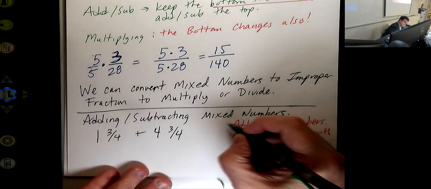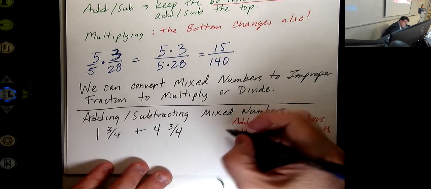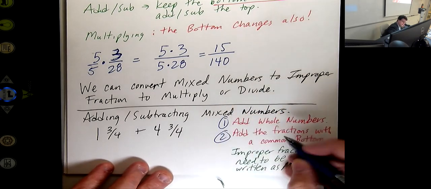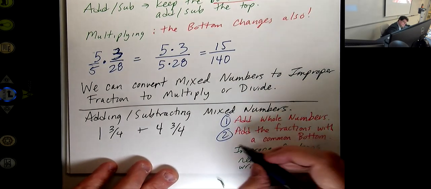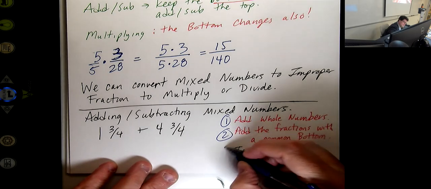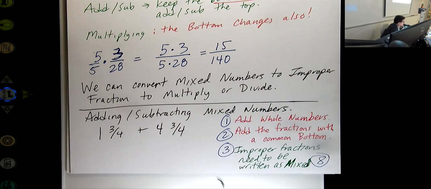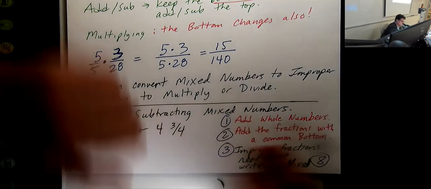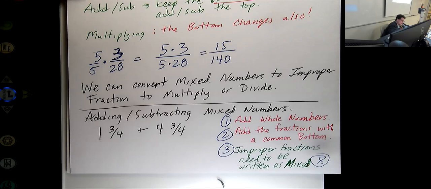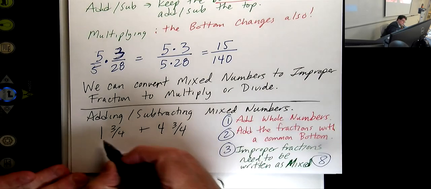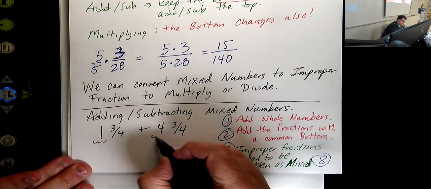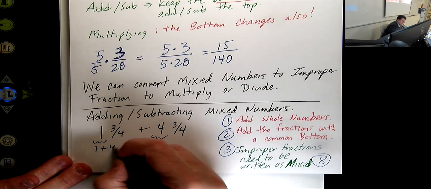So like step 1, step 2, and this is like step 3, but you may not have a step 3. So adding the whole numbers, I've got this 1 and this 4. So 1 plus 4 is 5.